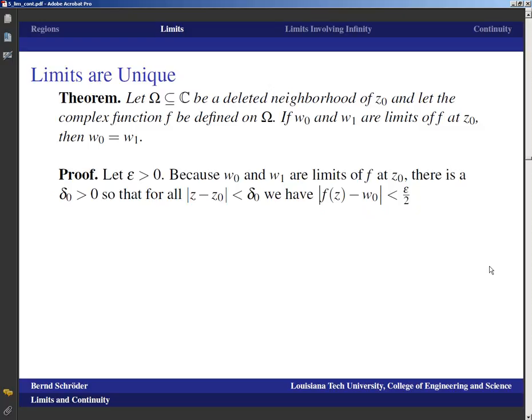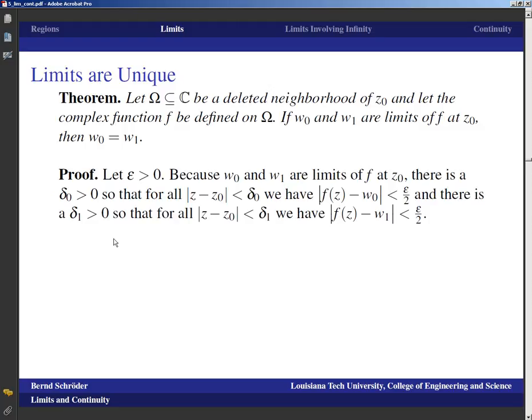We will see that at the end of the proof, and we'll talk about it some more then. But basically, this comes straight out of the definition. Similarly, there's a delta 1, so that for all z with |z minus z0| smaller than delta 1, we have |f of z minus w1| is smaller than epsilon over 2. Again, a straightforward application of the fact that w1 is a limit of f at z0.